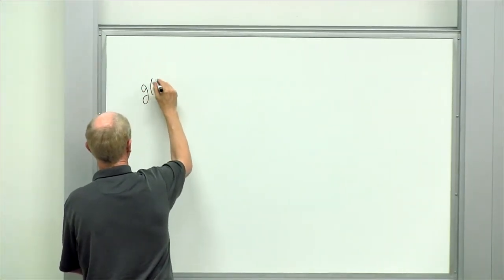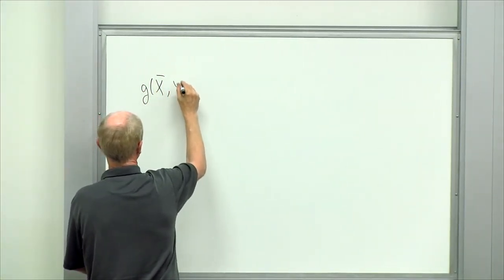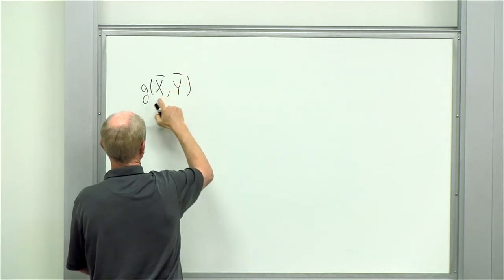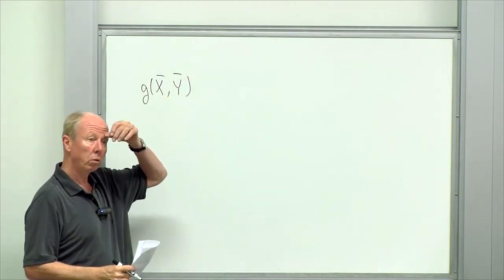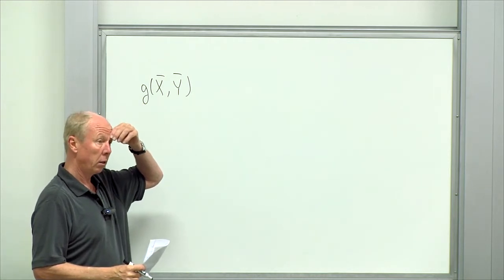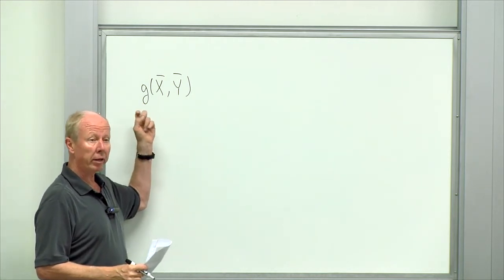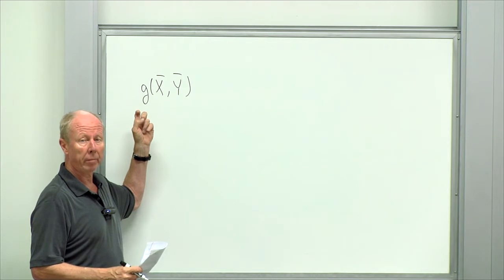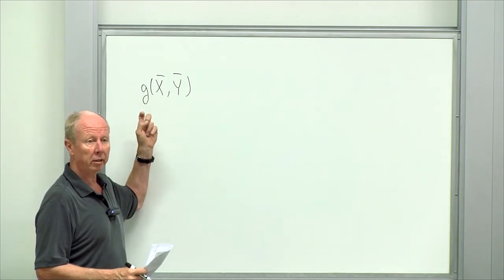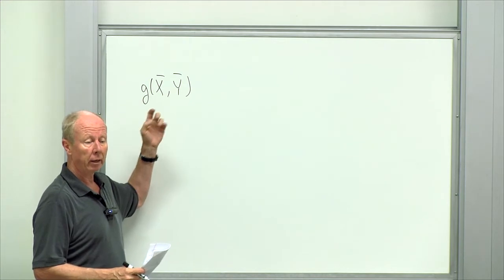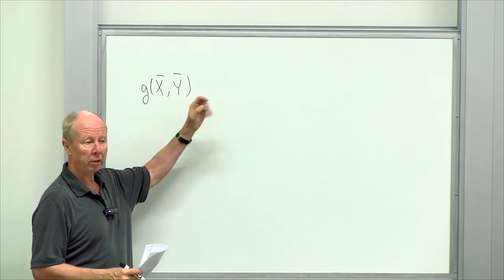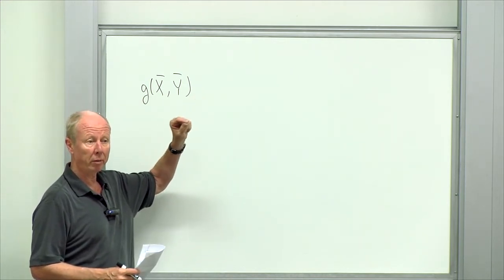Now g of x bar, y bar: these two characters should be near mu x and mu y. Remember, what's the variance of x bar? It's sigma x squared over n, and then times the population correction. So the variance is very small because you're dividing by the sample size.